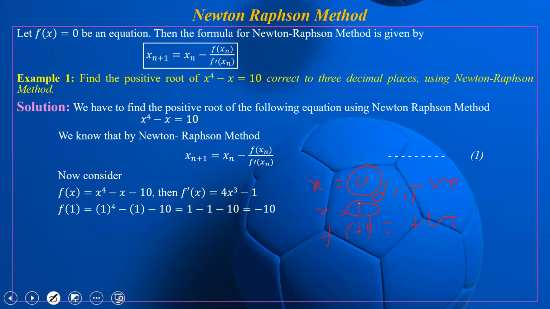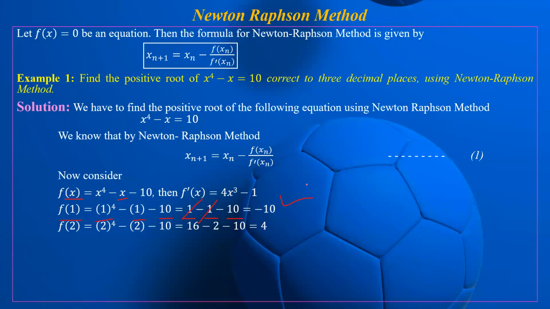The same thing we are doing over here. Let us put x equal to 1. We get 1 to the power 4, which is 1, minus 1 minus 10, so the 1s cancel and we get minus 10. Similarly, if we put x equal to 2, 2 to the power 4 is 16, minus 2 and minus 10, so 16 minus 12 is 4.